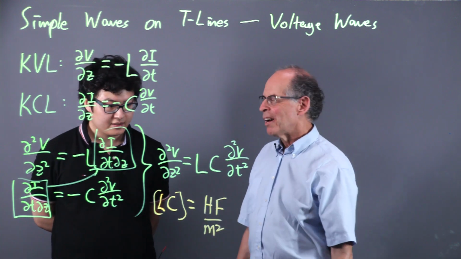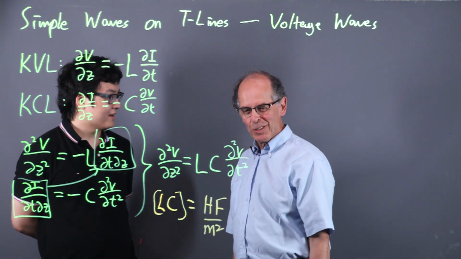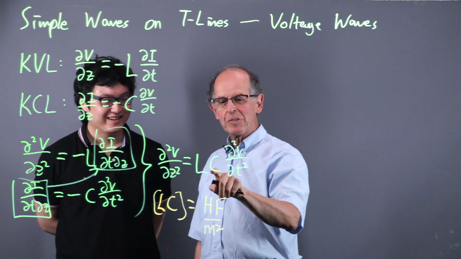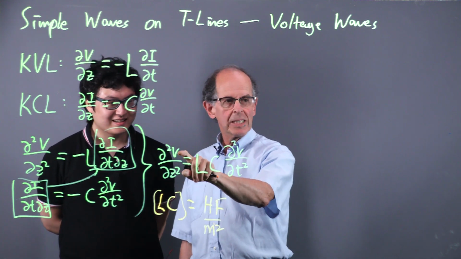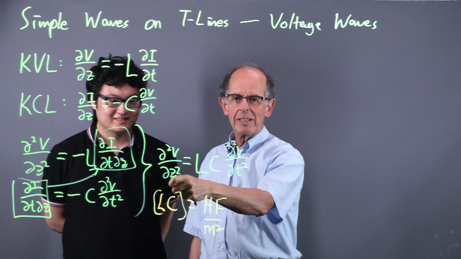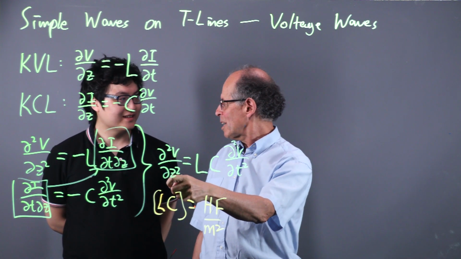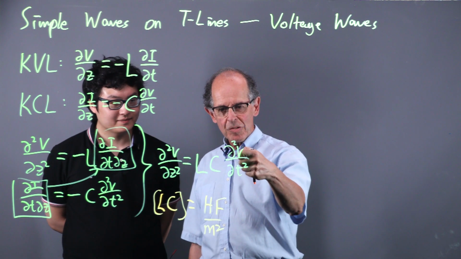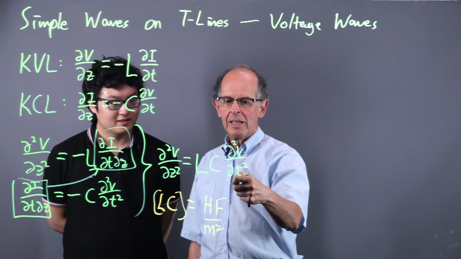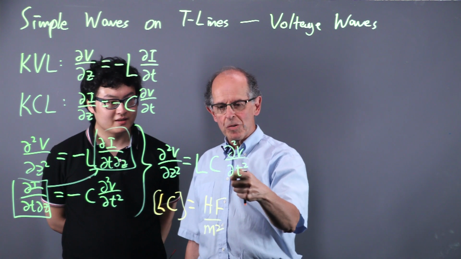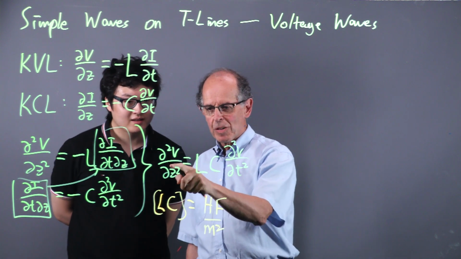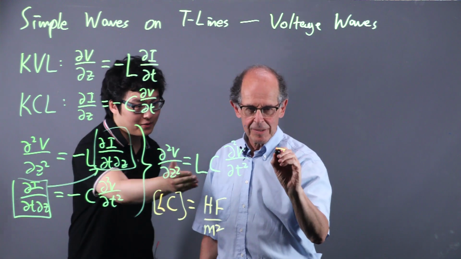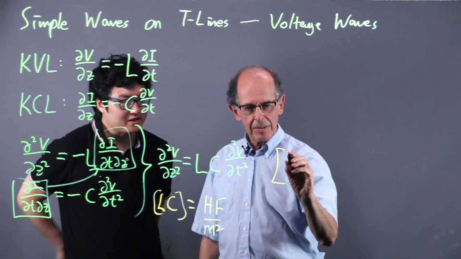Well, Henry farad is a pretty useless unit. I don't know what it is, but I do know something about this. When we take the second derivative, we're dividing by distance and distance again, distance squared. And here we're dividing by time squared. So the units all have to match. We need to cancel out the time squared and introduce the distance squared.